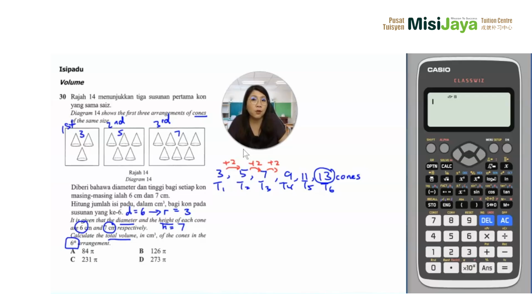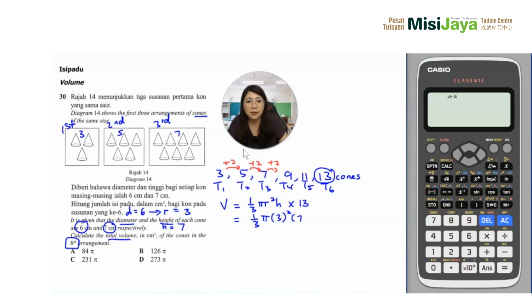What is the formula for volume of a cone? 1/3 times pi r squared h. Then we have to times 13 to get the volume of 13 cones. So equals 1/3 pi. We keep pi as pi because the options given are all in terms of pi, so we don't have to use 22/7 or 3.142. So pi, then r squared: r is 3, then squared.